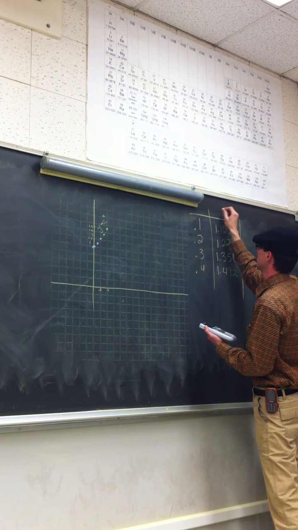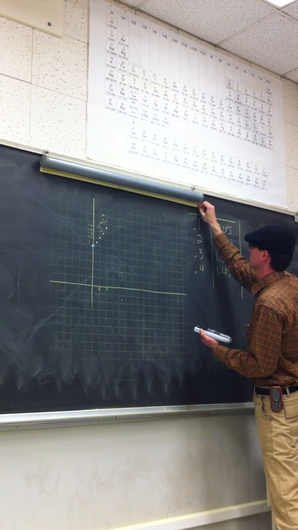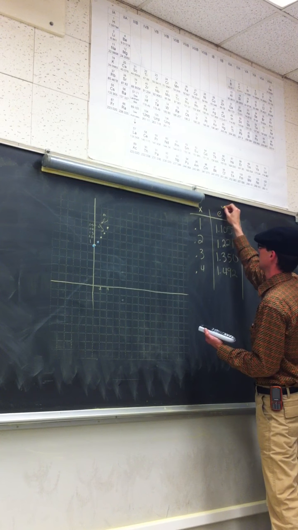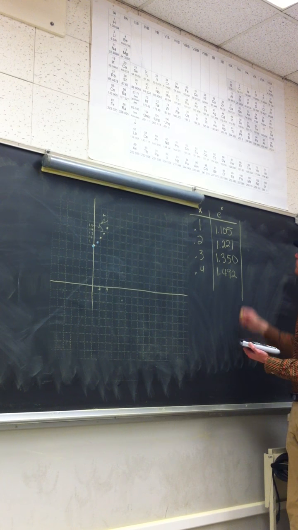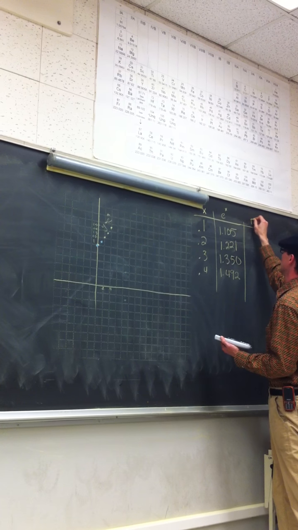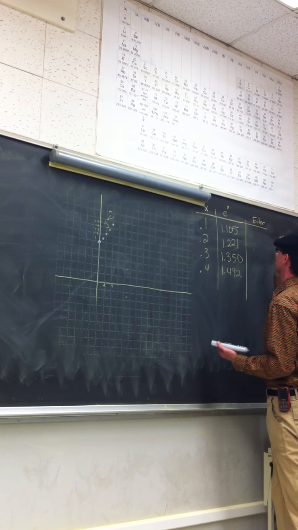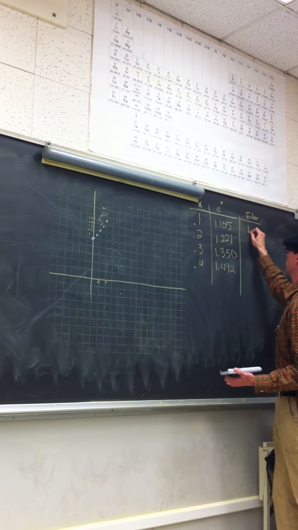Okay, this is exact. This is your x, this is e to the x. Okay? Here's Euler's method, and it came up with 1.1.